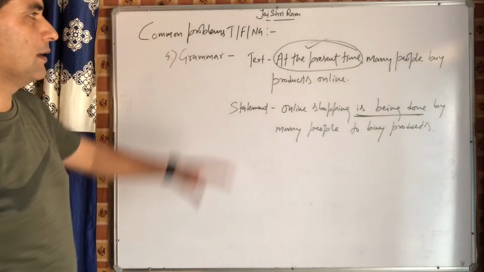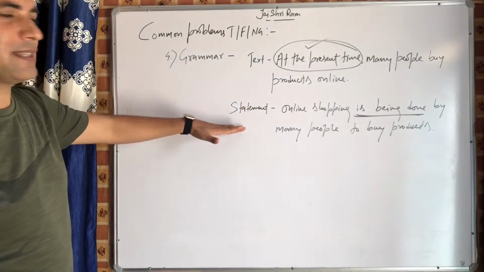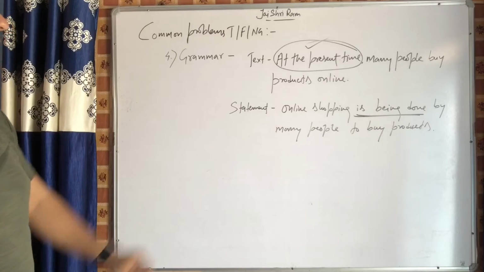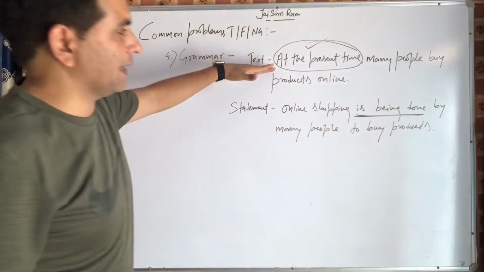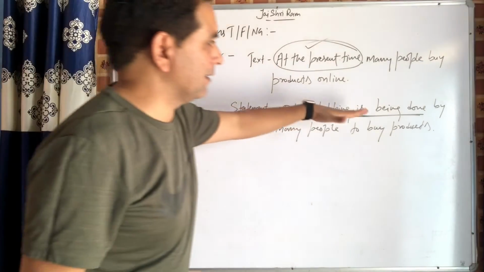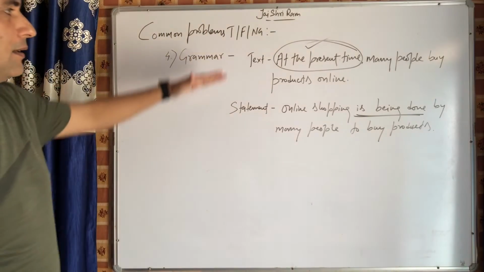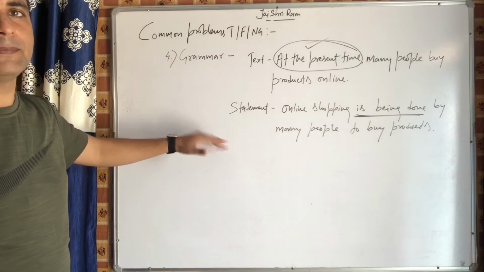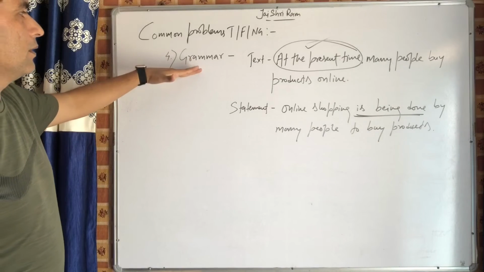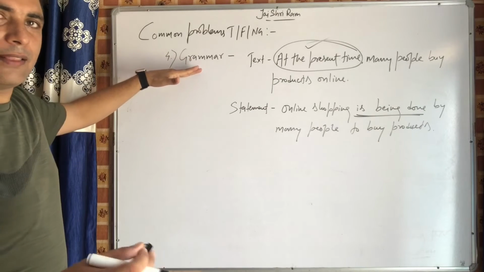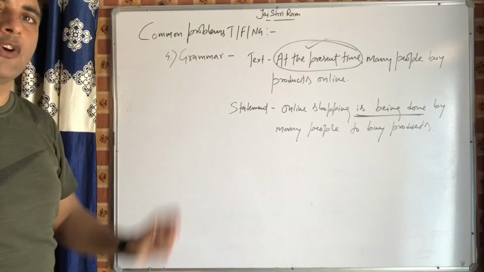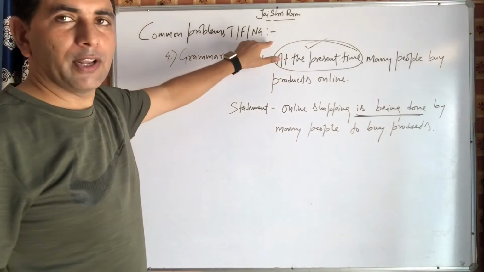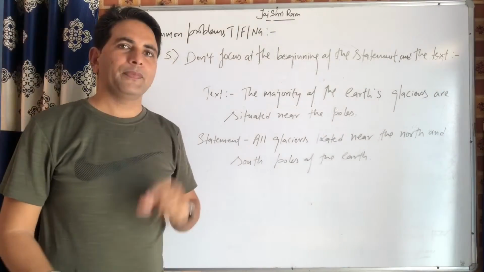That means both the text and the statement have the same sort of meaning. At the present time or is being done, that means both they are talking about present time. So to score well in the reading module, you need to focus on grammar while solving true, false and not given questions.